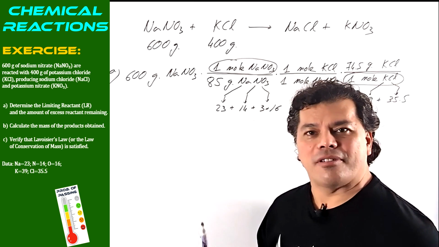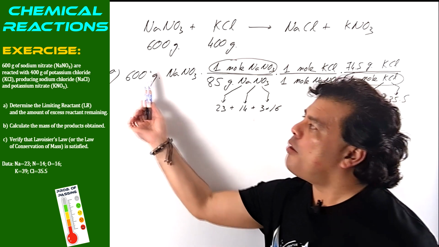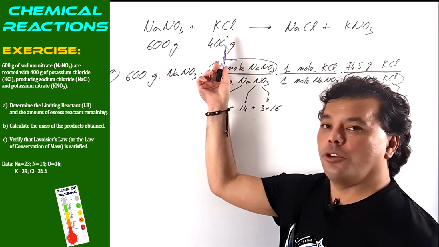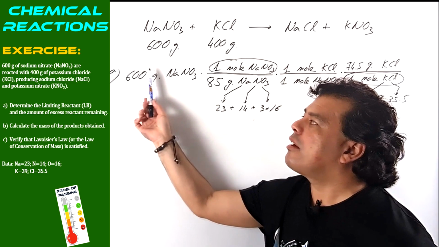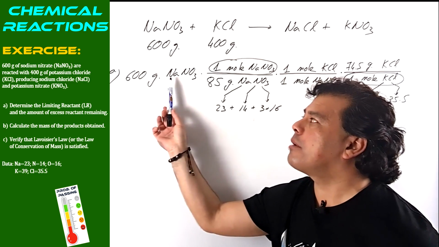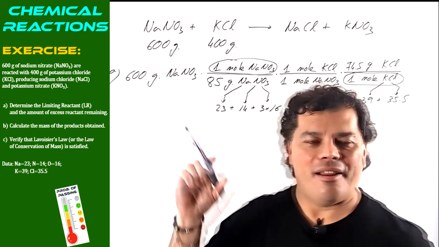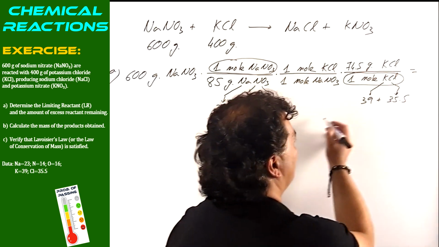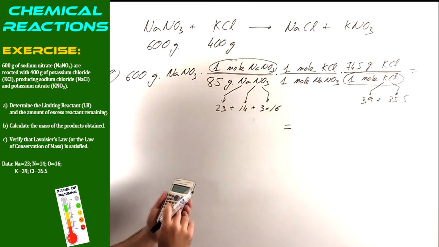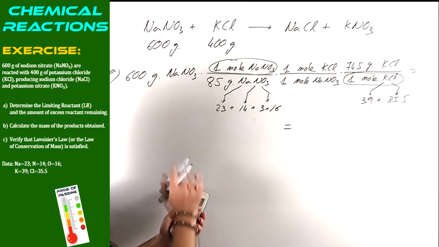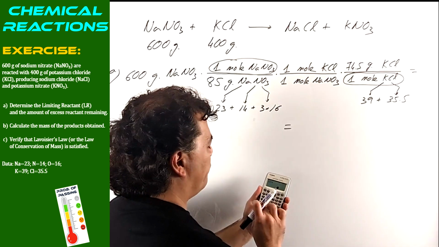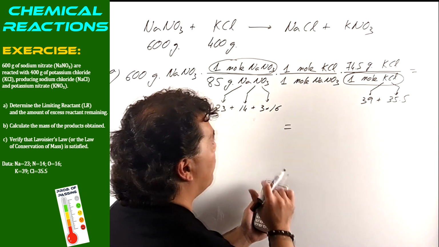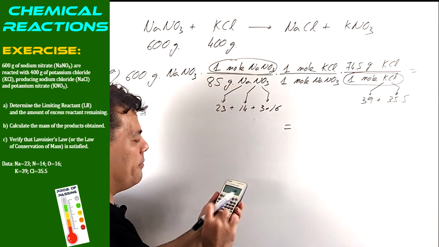And now we are using our calculator to know how many grams of potassium chloride are going to react with these 600 grams of sodium nitrate. Look, let's do 600 multiplying 74.5 and divided by 85.